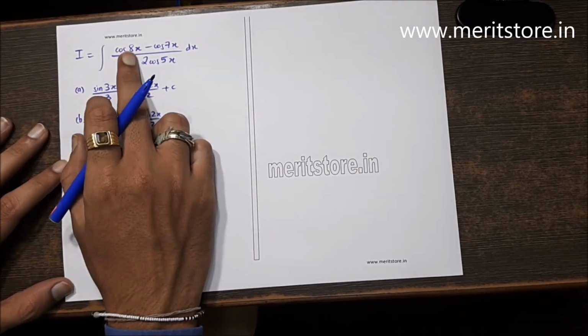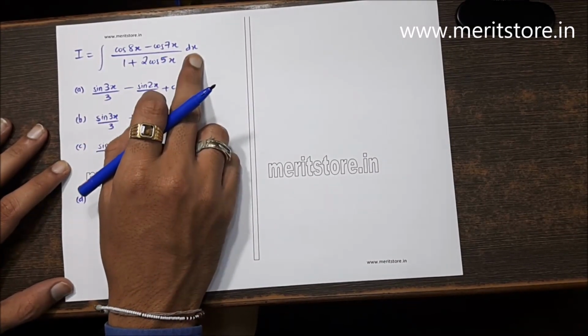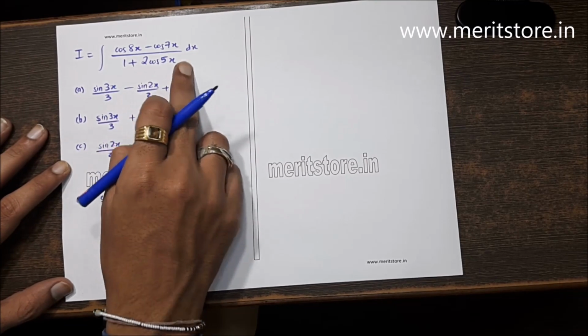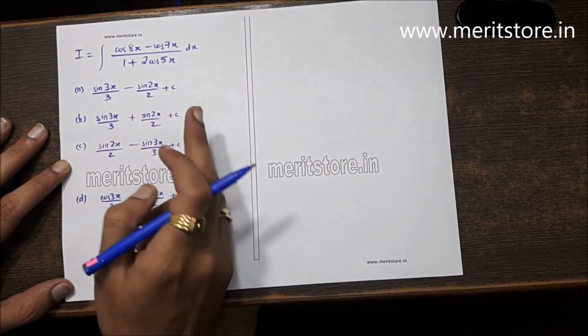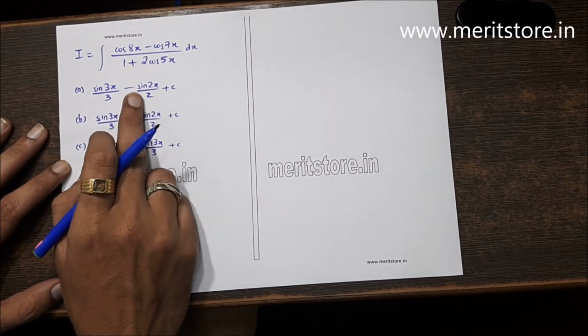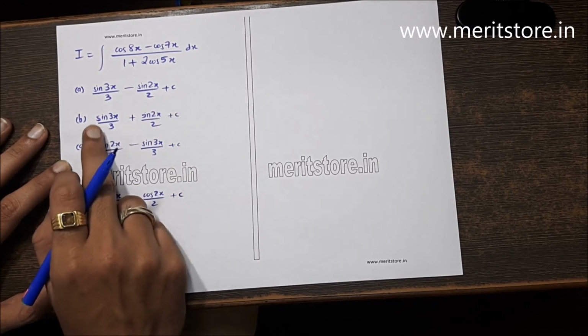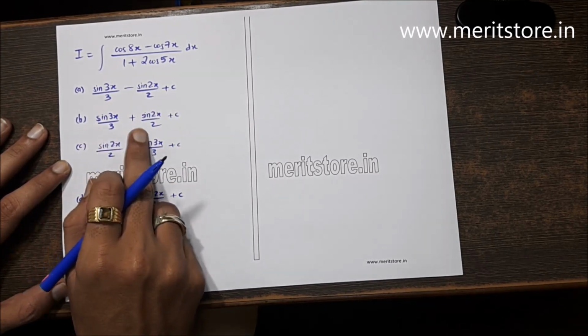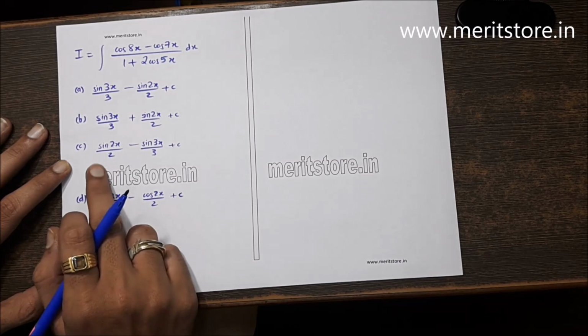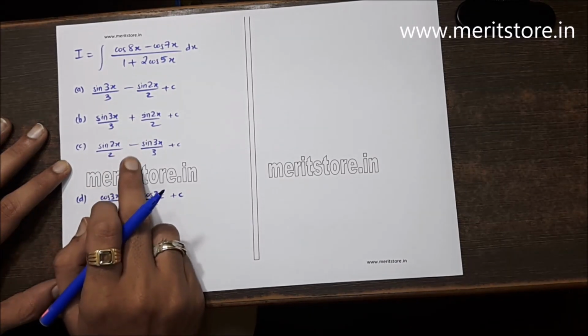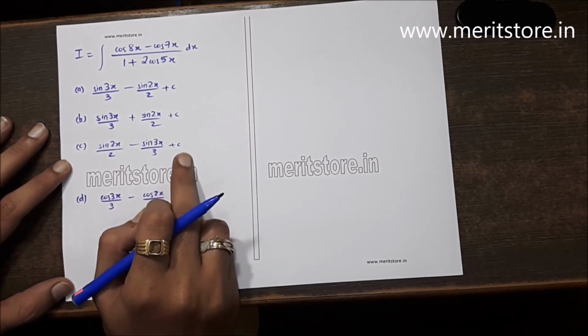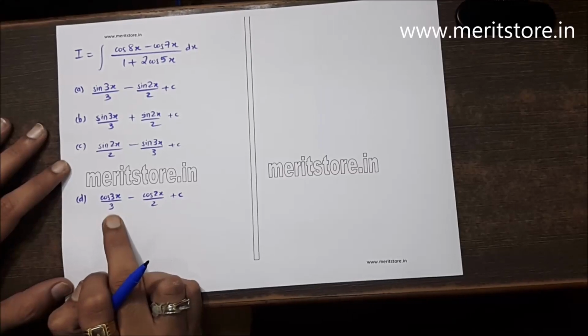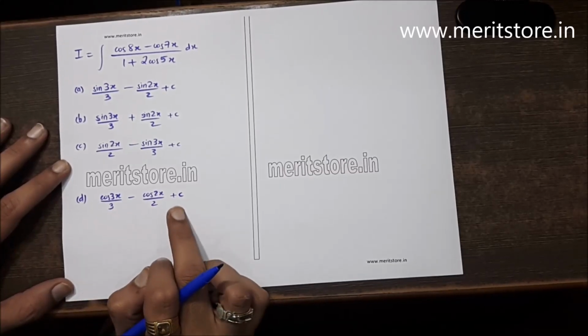Integral of cos 8x minus cos 7x dx upon 1 plus 2 cos 5x. Options: sin 3x by 3 minus sin 2x by 2 plus c, sin 3x upon 3 plus sin 2x upon 2 plus c, sin 2x by 2 minus sin 3x upon 3 plus c, cos 3x upon 3 minus cos 2x by 2 plus c.